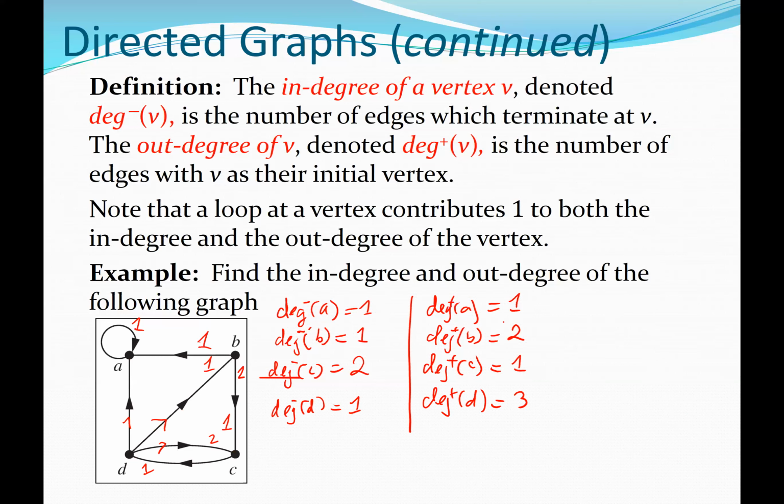The out degree of A is one, the out degree of B is two, the out degree of C is one, it only goes to D, and then the out degree of D will be 3. There you go. So D goes to A, D also goes to B, and D also goes to C. So that's the idea for that.